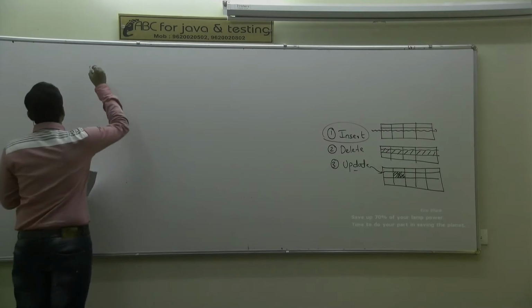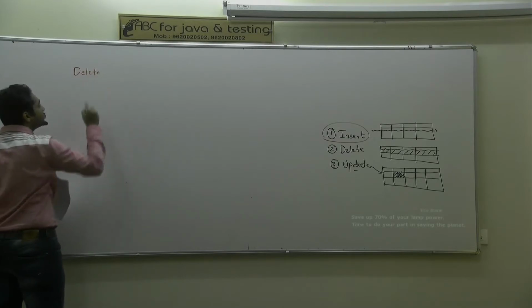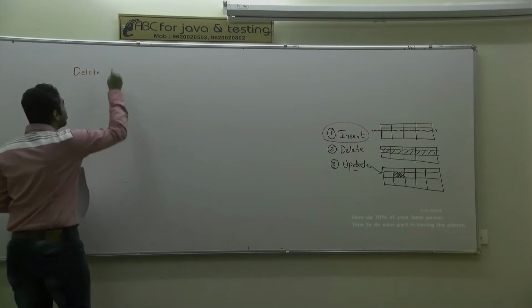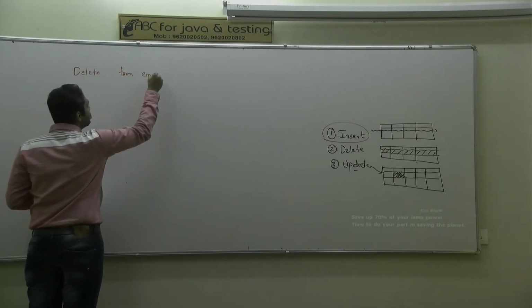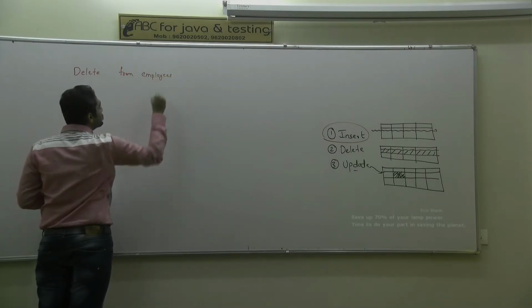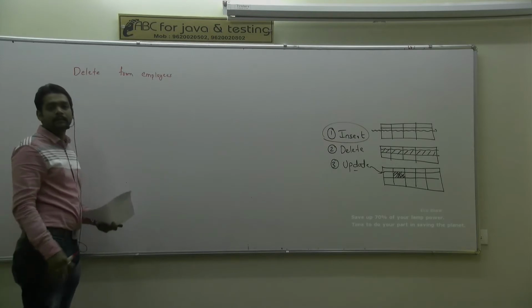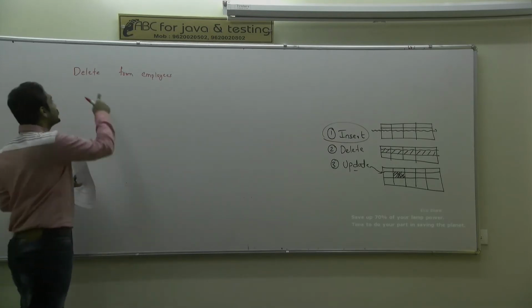Look, database management software, you please delete. Okay, I will delete. From where I have to delete? That is what I will tell. Delete from employees. Now you need not tell what to delete. It will delete one row only. From where that one row has to be deleted? That is what I should tell.